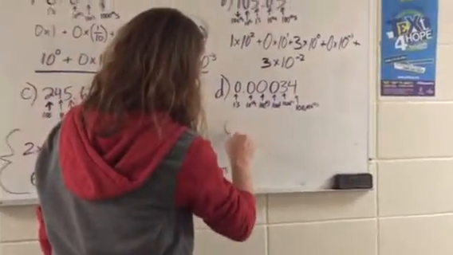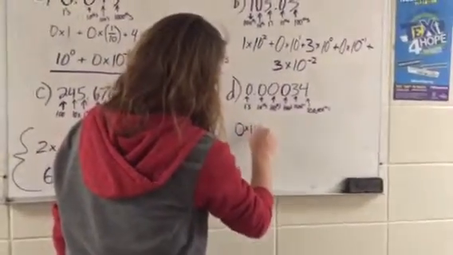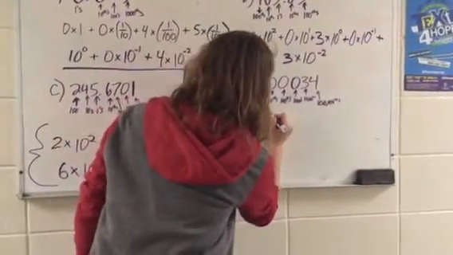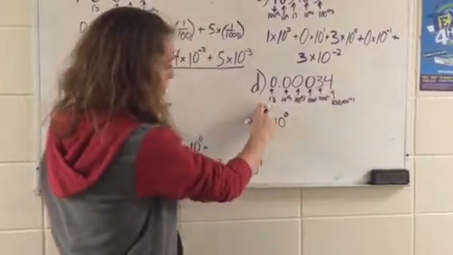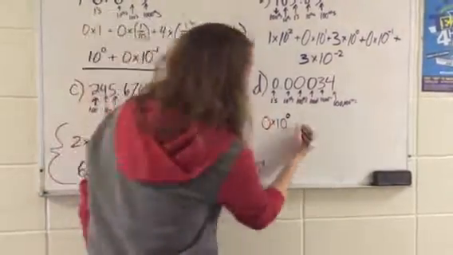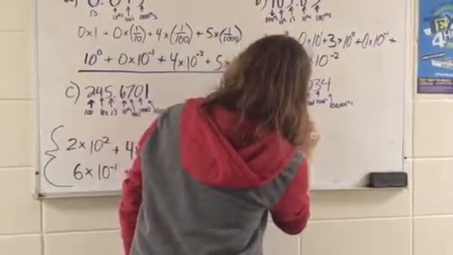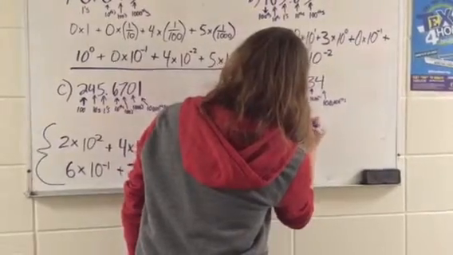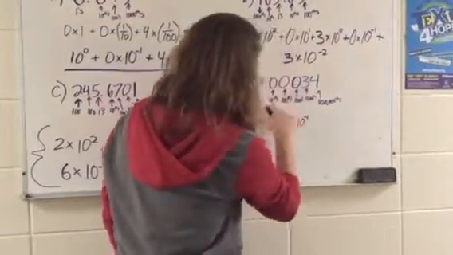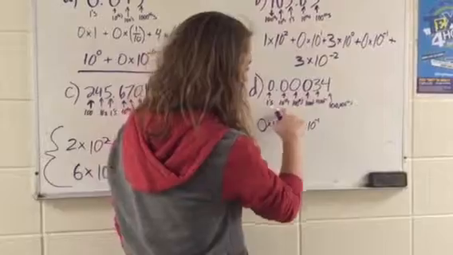We have 0 times 10 to the 0 power, because it is in the ones place. Then we're going to add 0 times 10 to the negative 1, because our 0 is in the tenths place.